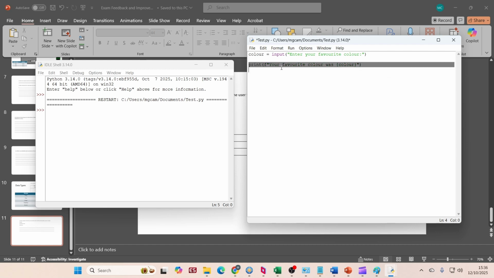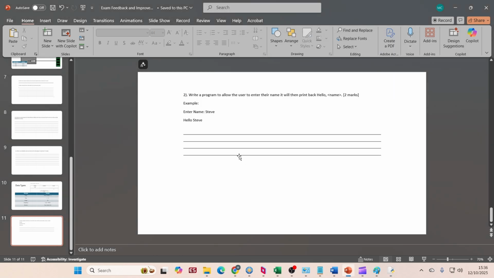The other way to do it, which some people did in the exam, is to do it like this. It does work, but the problem is sometimes you have more and more to write, and it can get annoying. This way is quite a lot easier, but I'll just run it.